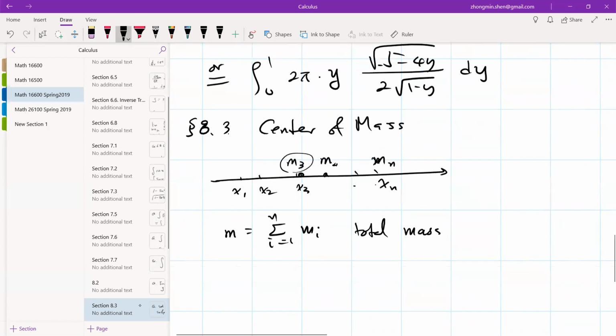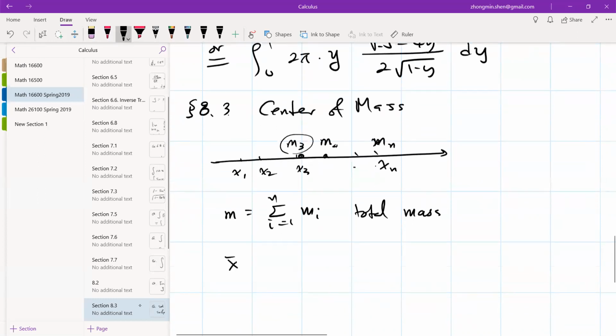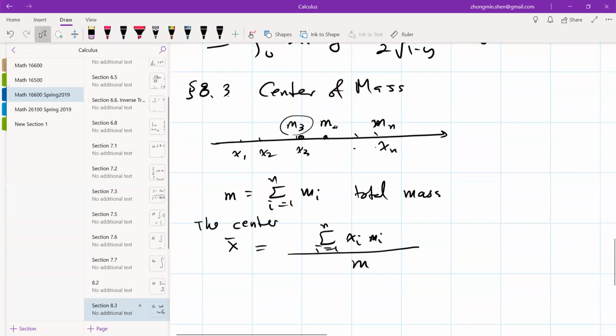So the center is going to be 1 over the total mass times the sum from i equals 1 to n of xi mi. It's kind of like a weighted sum of the x coordinates of those points.